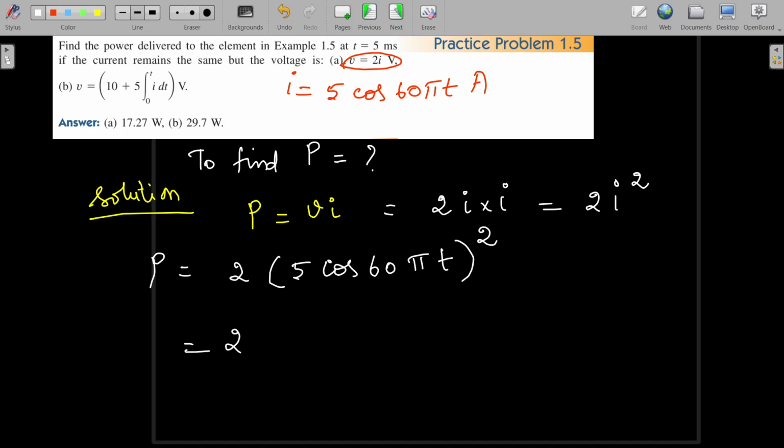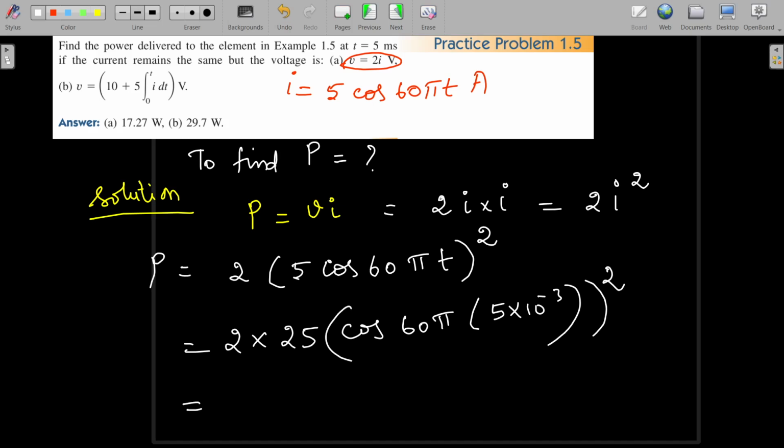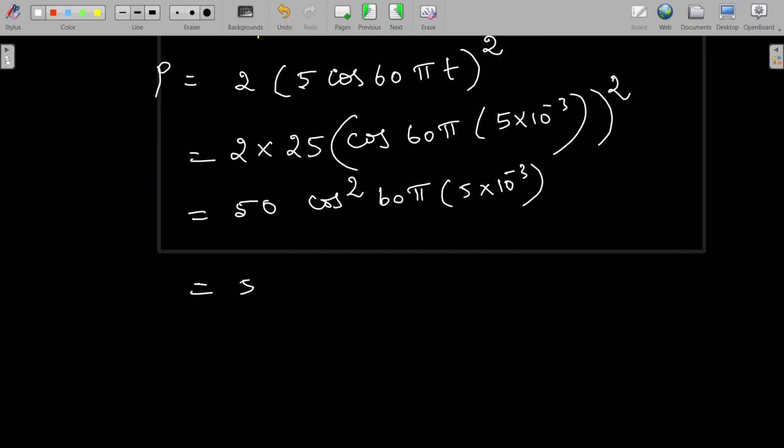Since I square is there, it is 2 into 5 square, which is 50, times cos square of 60 pi into t, where t is given as 5 milliseconds, so 5 into 10 power minus 3.